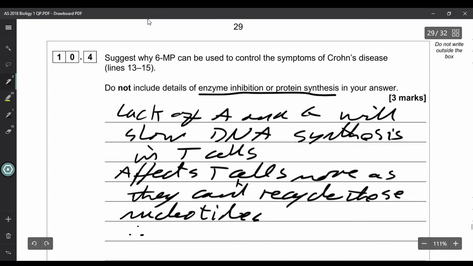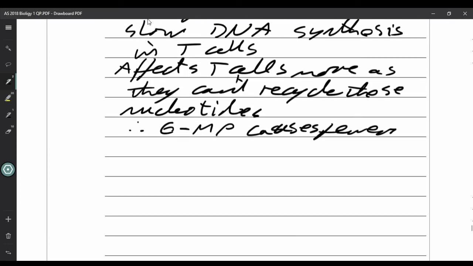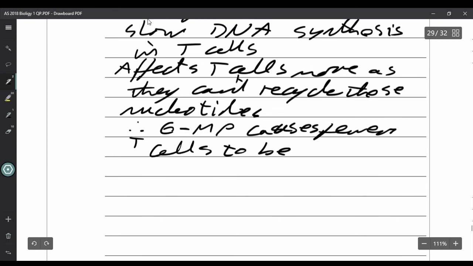Therefore, 6-MP causes fewer T cells to be produced.